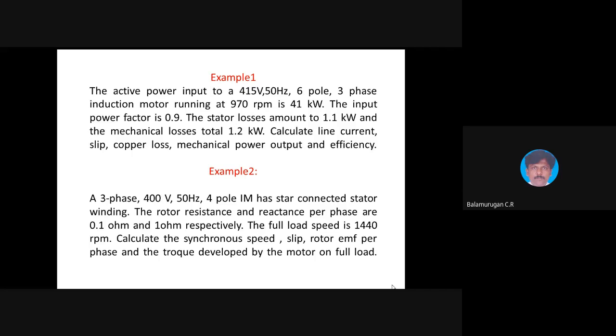The input power factor is 0.9. The stator losses amount to 1.1 kilowatt and the mechanical losses total 1.2 kilowatt. Find line current, slip, copper loss, mechanical power output, and efficiency.